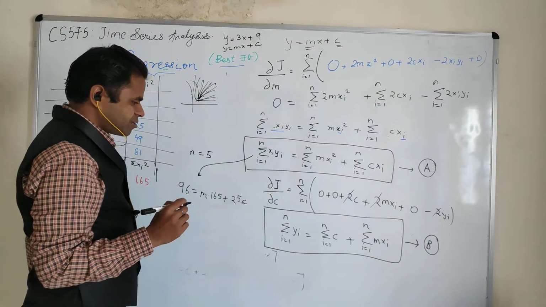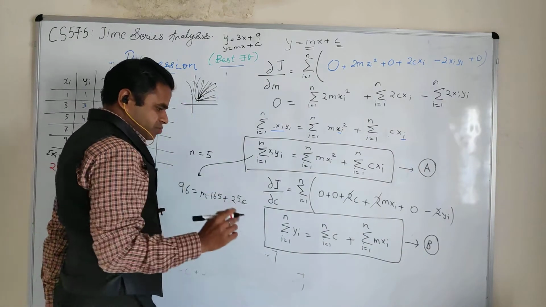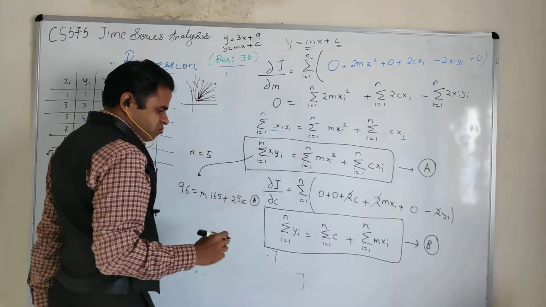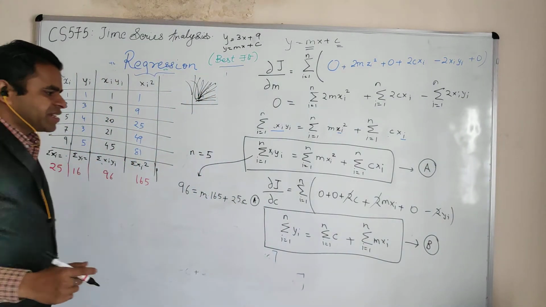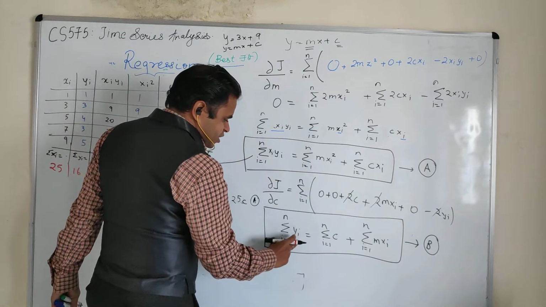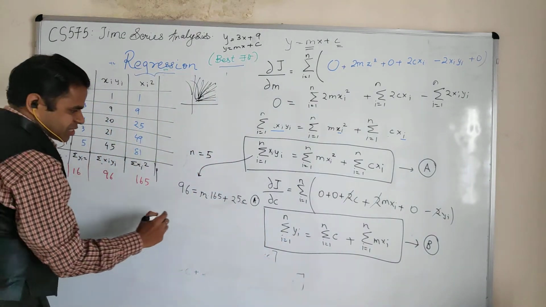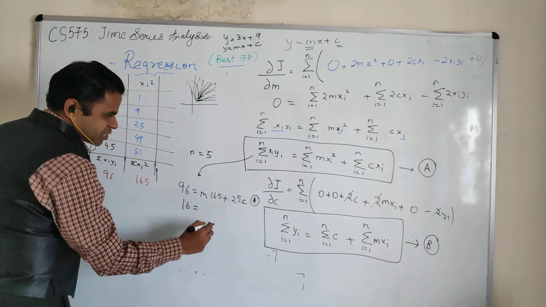This is equation A for this particular example. Similarly, for the next equation, the sum of yi is 16, so the left hand side is equal to 16.